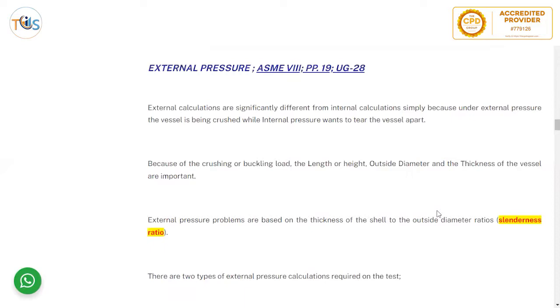Because of this crushing or buckling load, the length or height to thickness ratio is important, because it's like a moment being applied also. It's not only crushing and buckling, there is a moment, and external pressure problems are based on the thickness of the shell to the outside diameter ratio. This is called a slenderness ratio.